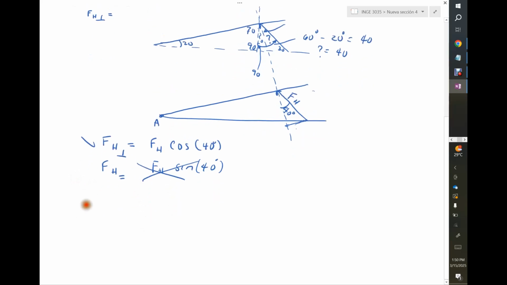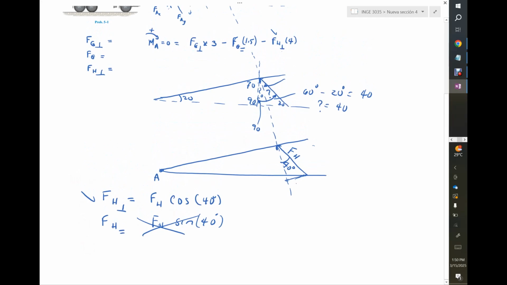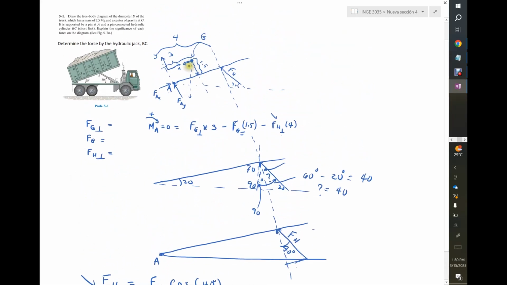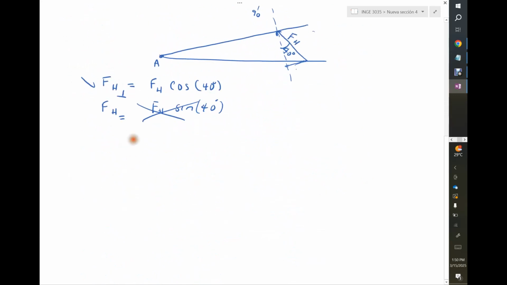Now, how about what's going on with G? Well, I kind of let you know what's going on with G here, so let me rework that a little bit. So you have this bar that goes like this, and there's a G somewhere here.